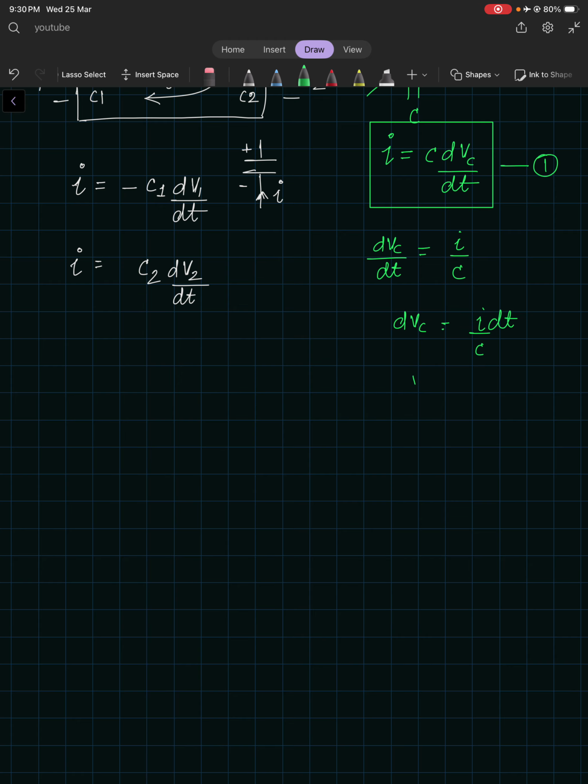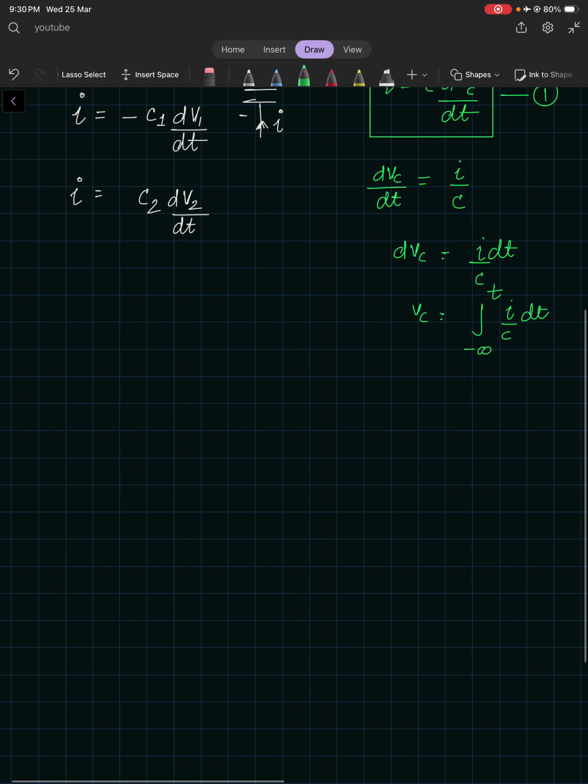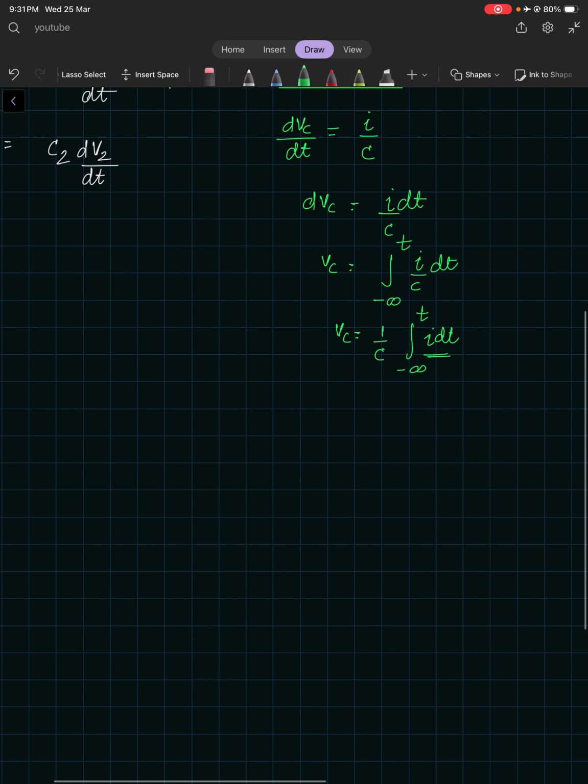If you integrate it, Vc will become the integral from minus infinity to t of I by C dt. C is constant, the capacitor is constant, so you can take it out and integrate I dt. This is how you can write Vc in terms of I. Let me again put it this way, right?